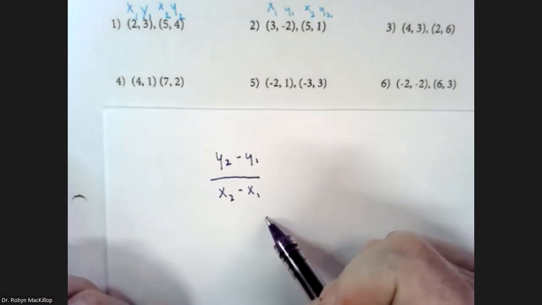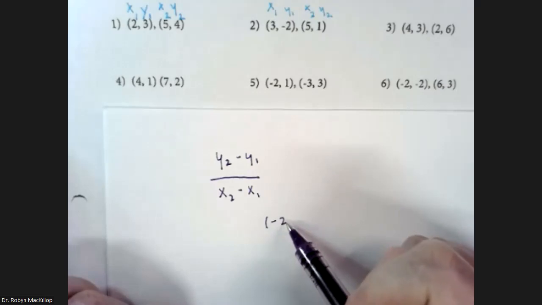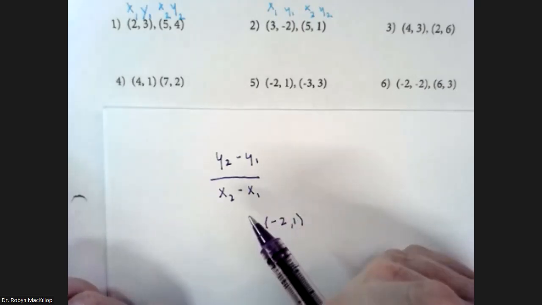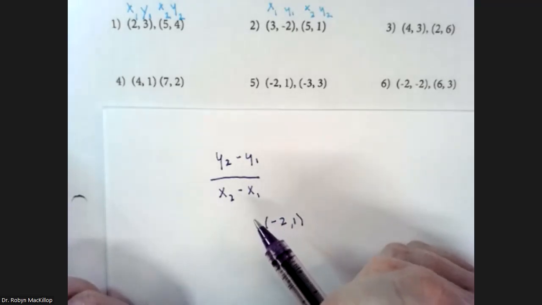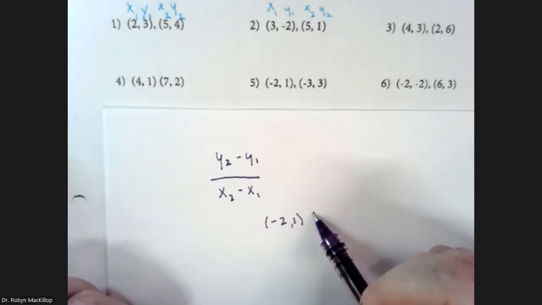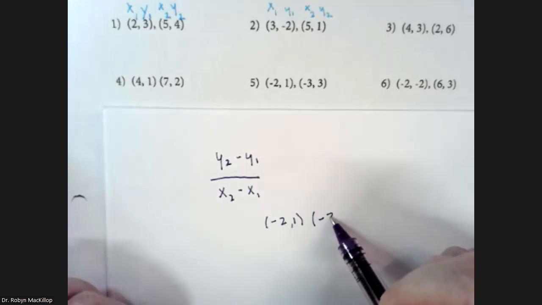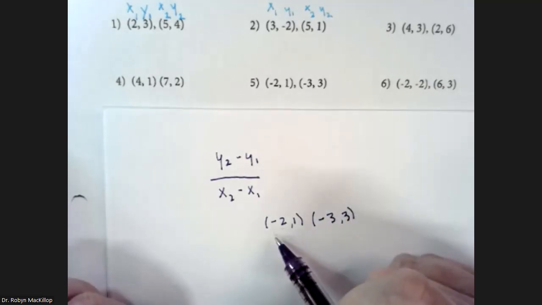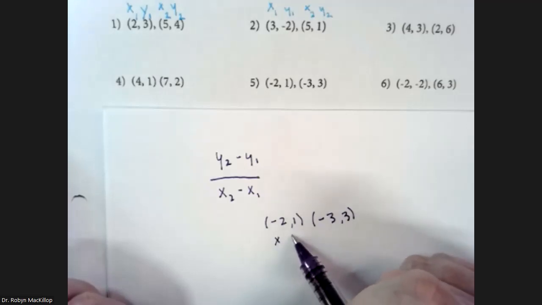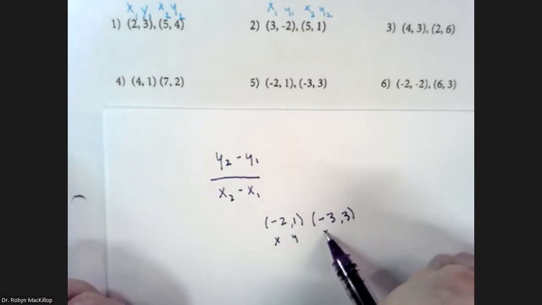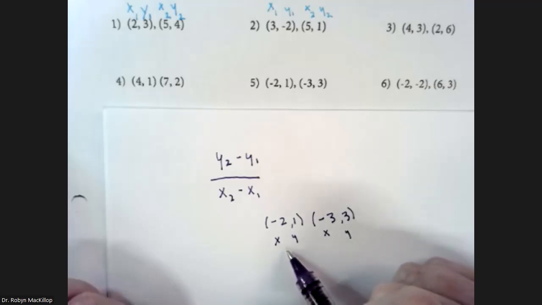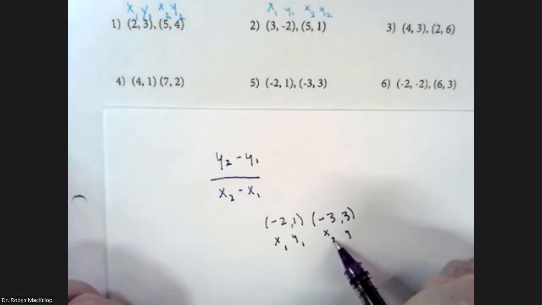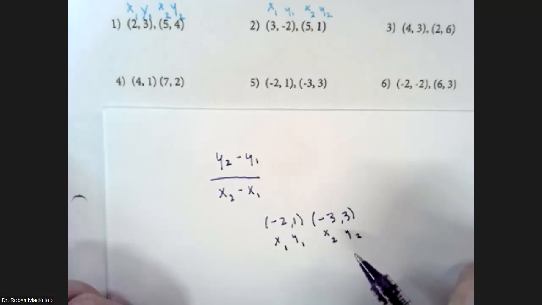So we've got -2, 1. They will always give you two sets of ordered pairs if they want you to use this formula. The second set is -3, 3. And again, it's always XY, XY. This one's going to be X1, Y1. This one, X2, Y2.